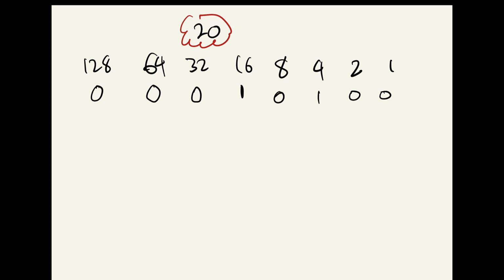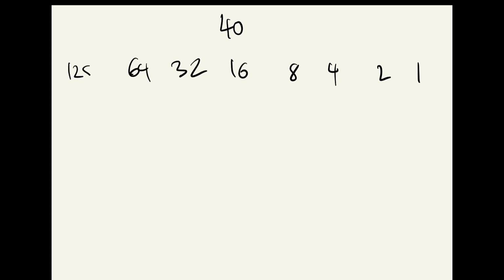Let's try one more. This time, we're going to use another number, let's say 40. Let's try out method number 2 again using the conversion table: 1, 2, 4, 8, 16, 32, 64, and 128. At a glance, 40 is smaller than 128 and 64, so we put 0 in these values.